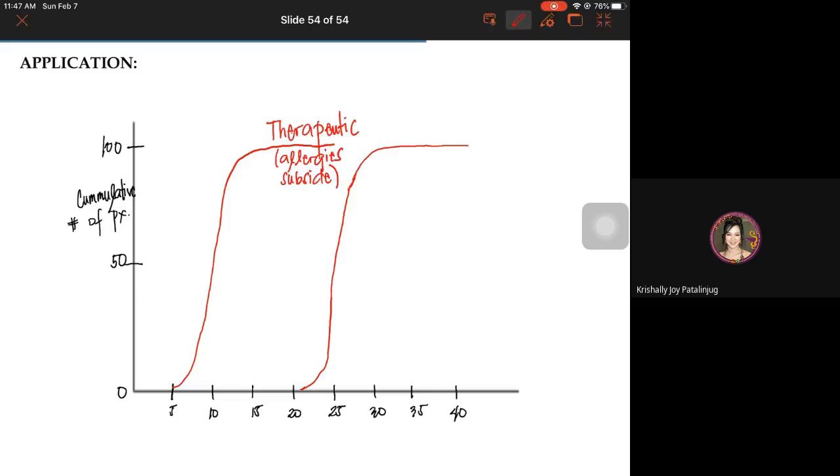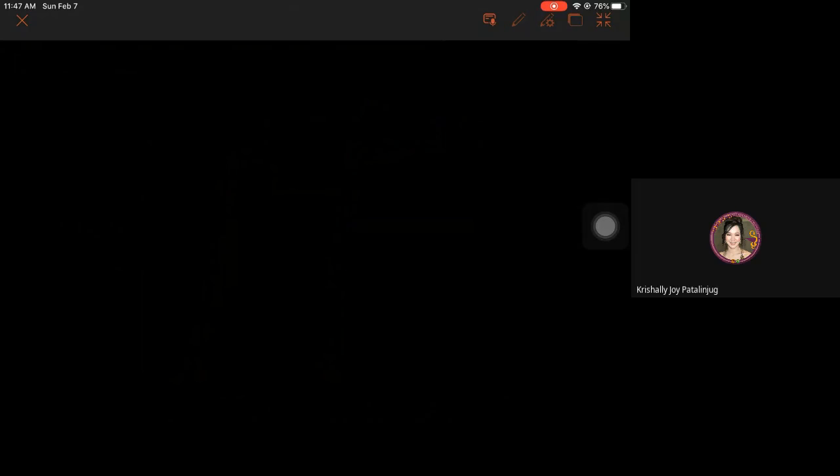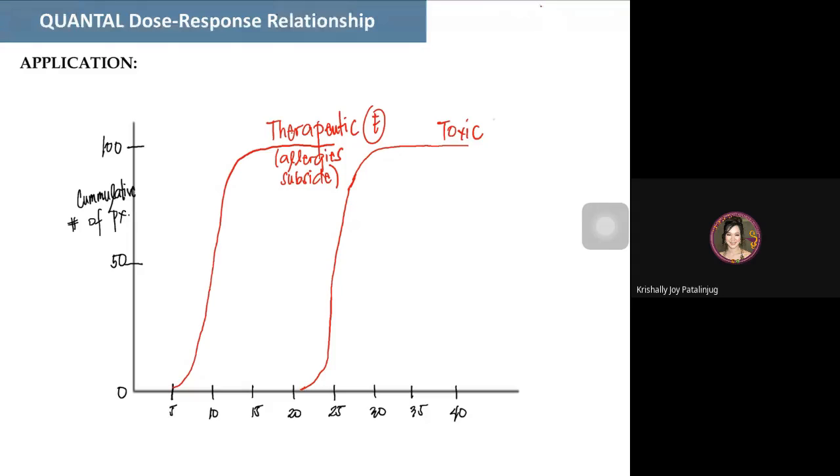Then for its toxic effect, let's say yung first toxic effect at that particular plotted curve. For example, ano bang example ng adverse effect ng anti-allergy? Let's say, hypothetical, nausea and vomiting.